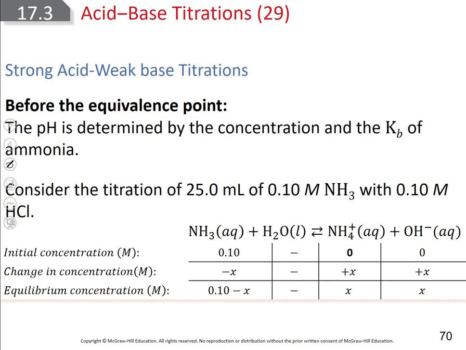So let's consider the titration of 25 milliliters of 0.10 molar ammonia with 0.10 molar HCl. Now, we're going to end up with, they jumped right into the ice table, didn't they?